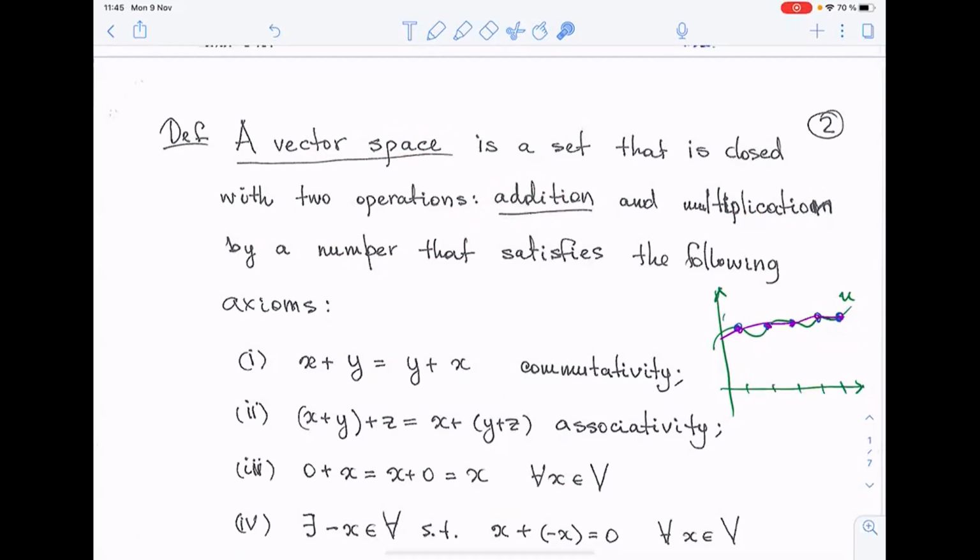First, we take two tools from this box randomly, we add them, and the result is another tool which also belongs to that box.